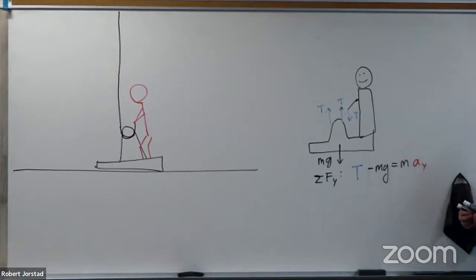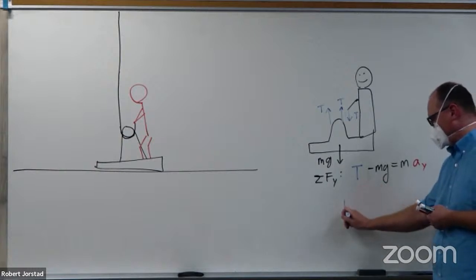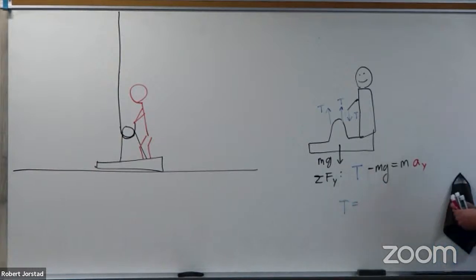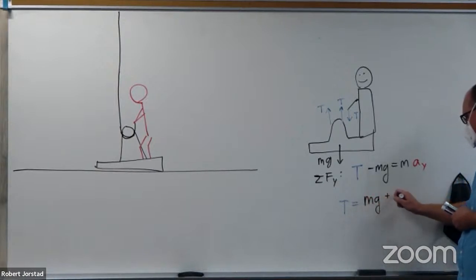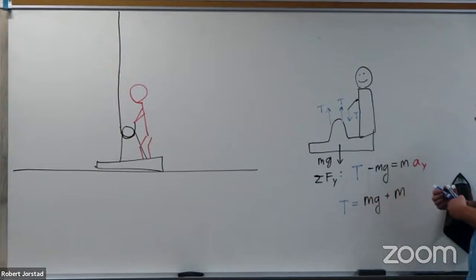Now look at this. You agree the tension, in order for this thing to go upwards, has to be mg plus m a_y. What if you lift this at constant speed?